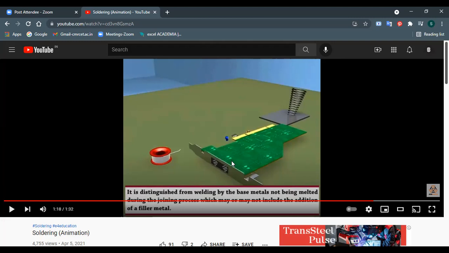So here there is also a major difference when compared to those welding types. Here filler metal is very much required, and the base metals are not melting, right? Is that clear? This video about soldering.